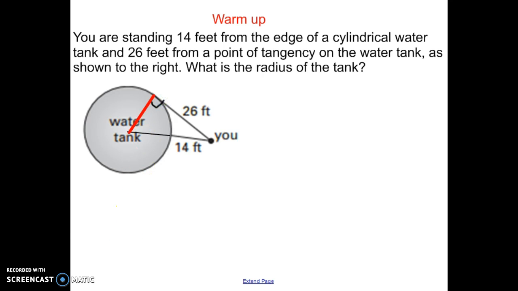So if we consider the radius x, you can call it r if you want, we can write an equation that says x squared plus the 26 squared equals, and this is the tricky part, equals (14 plus x) squared.